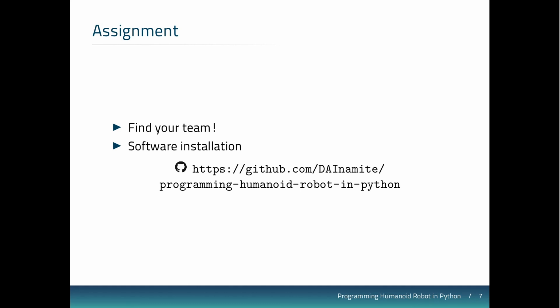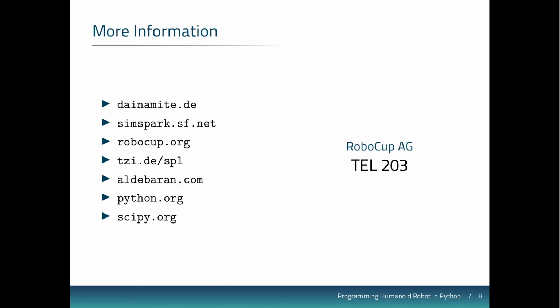And you can also already start to set up your software environment. And everything for software we are providing in the GitHub. You can find more information on our dynamite.de website or other useful links provided here.